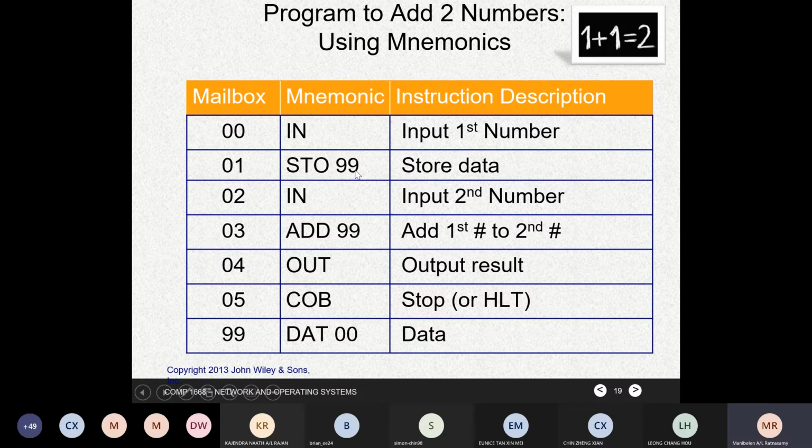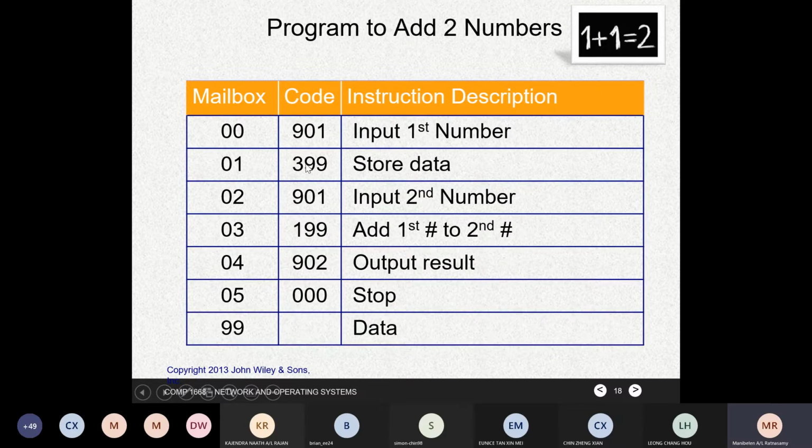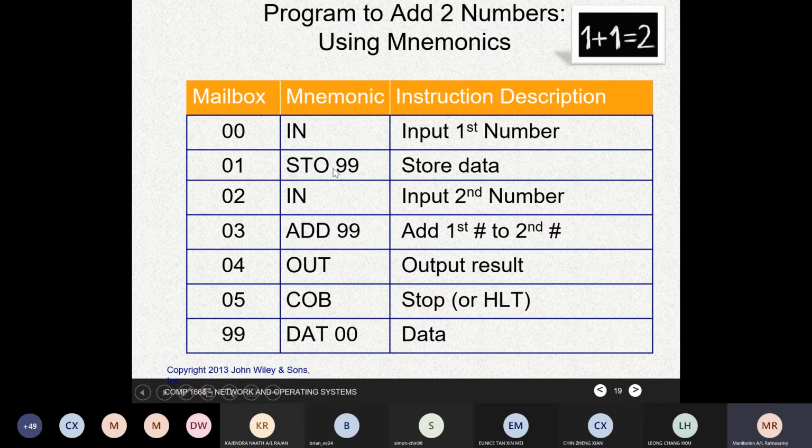For example, you use 399: 3 for store, 99 means you store at 99. Why 99? 99 is where you store your data temporarily, not permanently. In mailbox 99, you store the value of number 1.